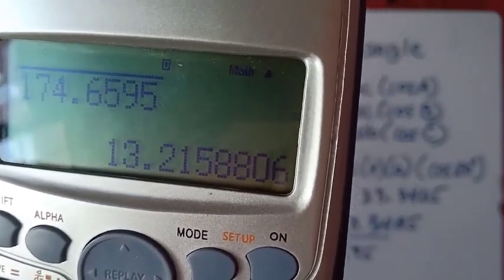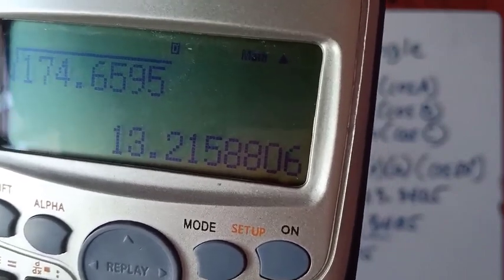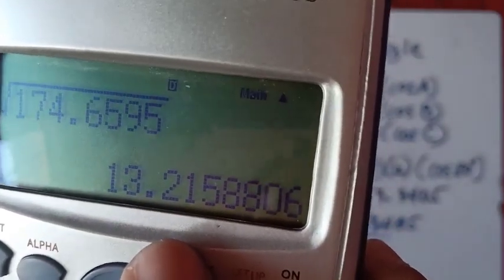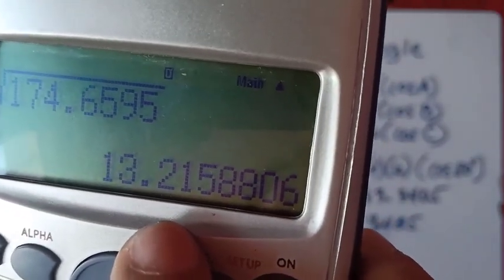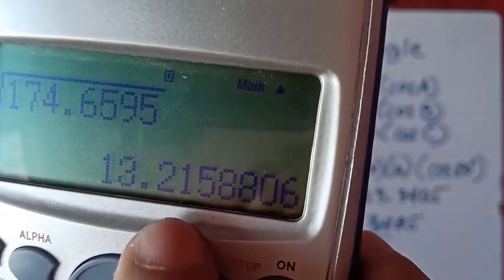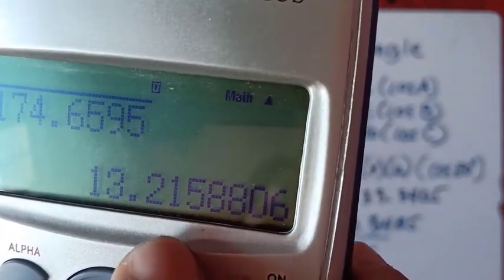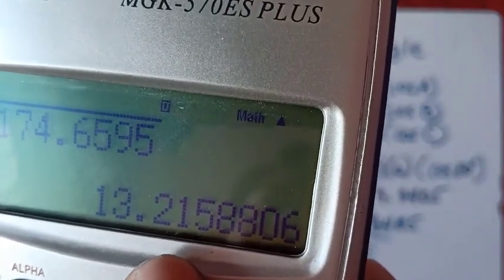Now since this is our final answer, we can round off to the nearest hundredths, 2 digits, class, 2 digits. So this is 215, so it will be 13.22. The next digit is 5, so it would be 22.